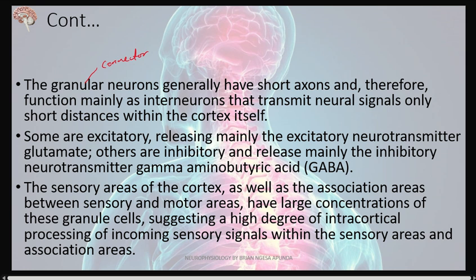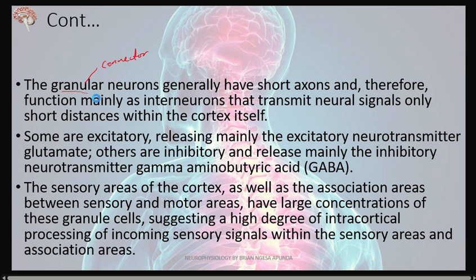Remember, we suggested that the primary motor area, the premotor area, or any area of the cortex needs some form of communication. This communication joins adjacent areas of the cerebral cortex through these interneurons. The interneurons within the cerebral cortex are referred to as the granular neurons.